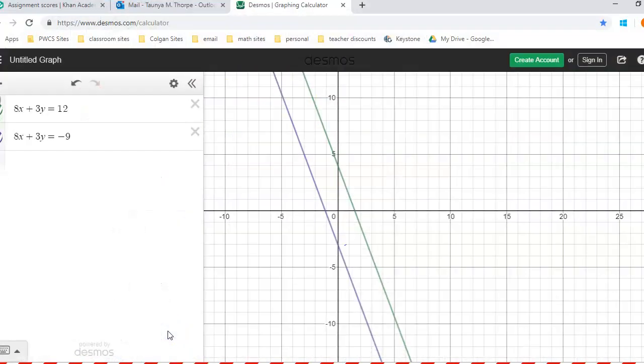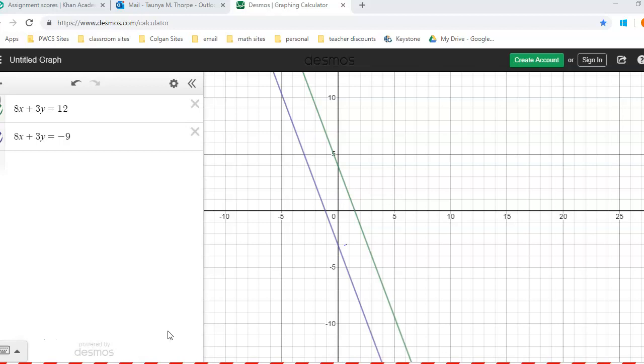And I can see from here, this has a slope of something weird. 1, 2, 3, 4, 5, 6, 7, 8.